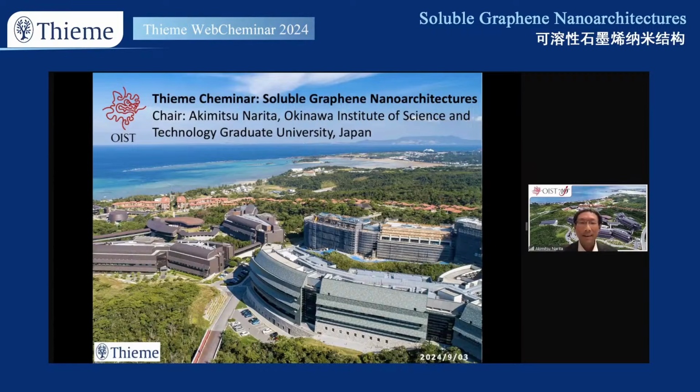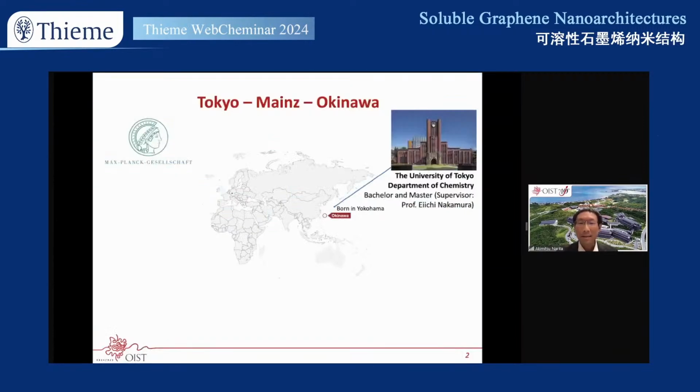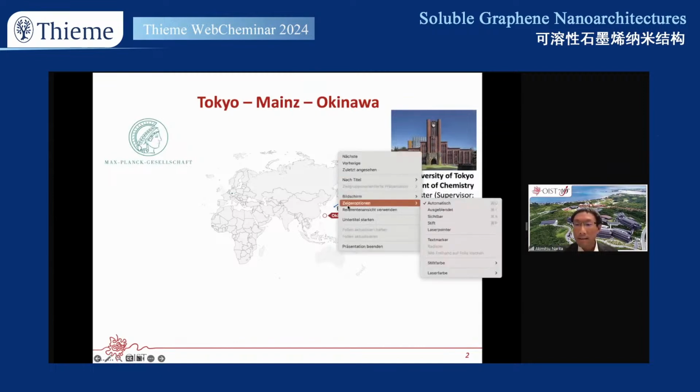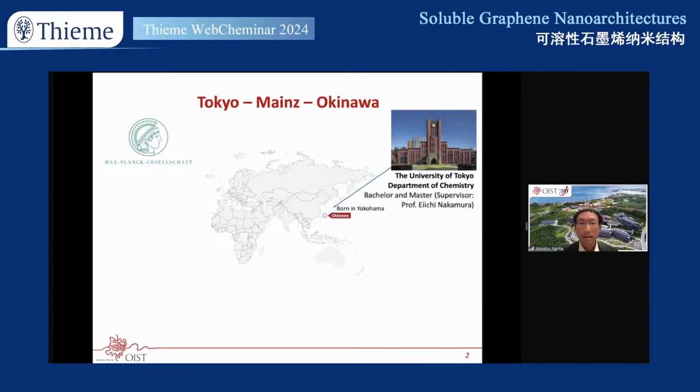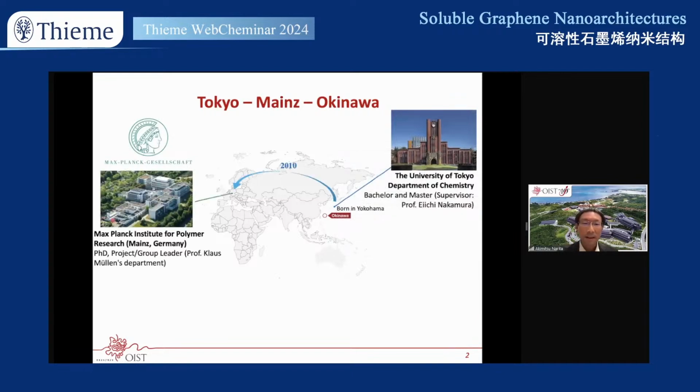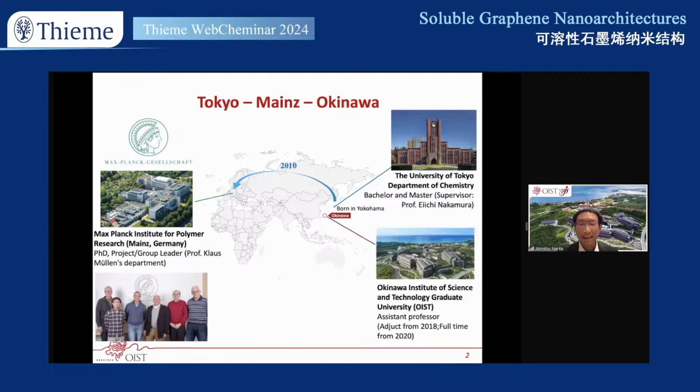I already got introduced, but briefly, let me show the map. I was in Tokyo at the University of Tokyo, and then in 2010 I moved to Germany, where I actually stayed 10 years. In 2018, I got an adjunct position and started to get prepared, waiting for this building to be constructed and opened.